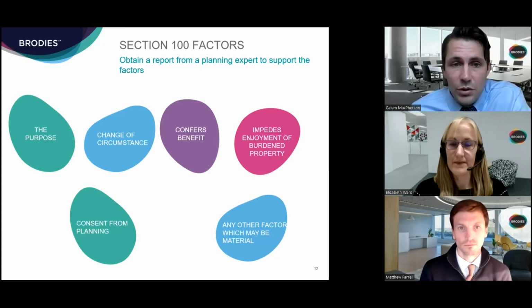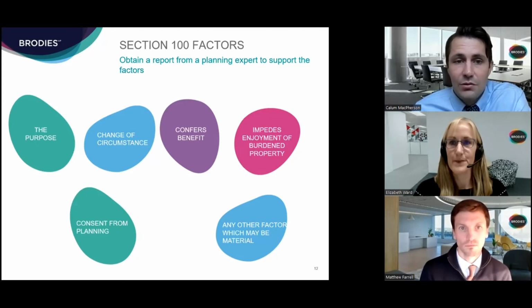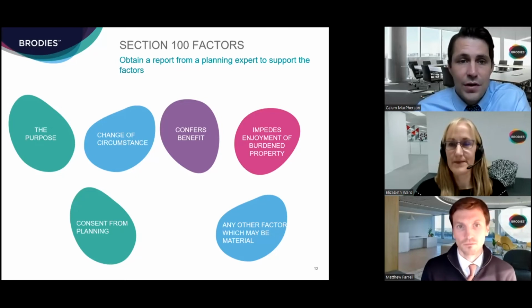So, for example, the only tenant willing to rent the unit in question may be restricted by the condition, which is losing you rent and incurring you rates liability, which is a pretty black and white example of it impeding enjoyment in a commercial development.